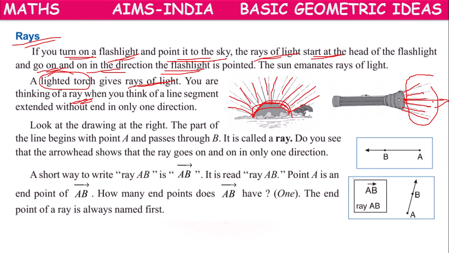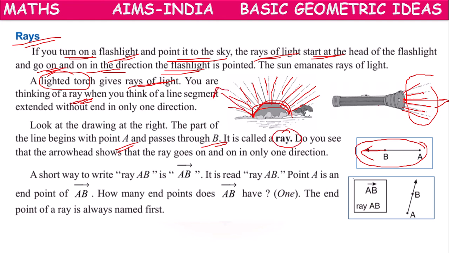Without end, it is called a ray. Suppose you see this AB ray: the part of a line that begins with point A and passes through B, and travels forward without end. It is called a ray.